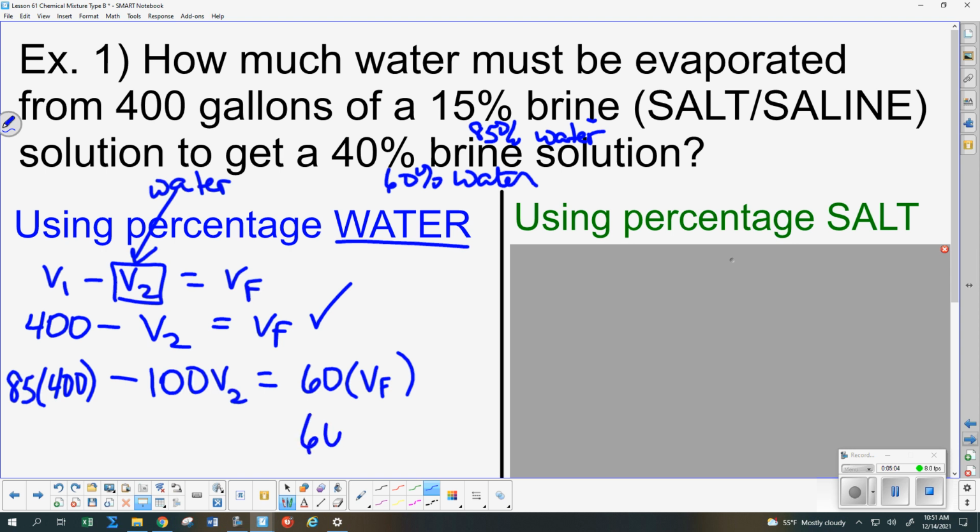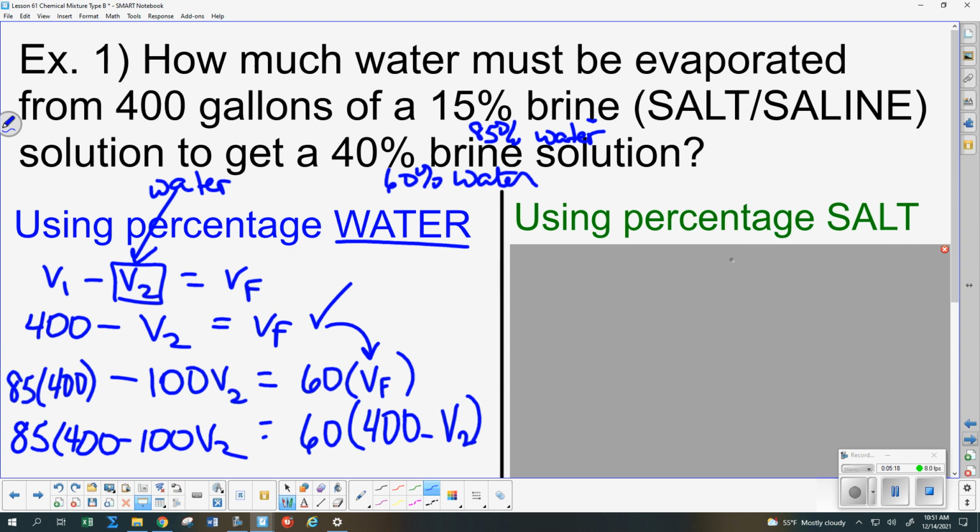So I'm going to change this VF right here to 400 minus V2. So give me a thumbs up, thumbs down. Does that setup make sense to you so far? Okay, I could keep going and solve that.